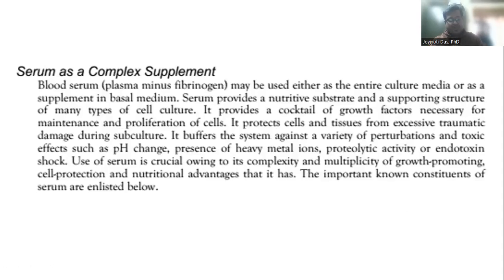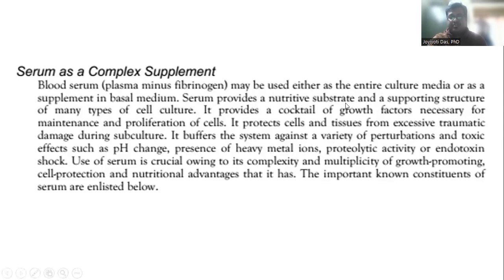In modern day culture, you use supplements, and what you use here is serum. As I said, serum is plasma minus fibrinogen, and it may be used either as an entire culture media or as a supplement in basal medium. Most frequently, we use serum as a supplement in basal media.